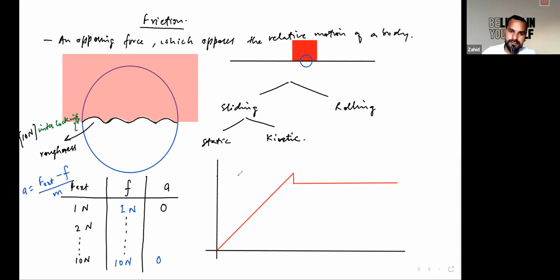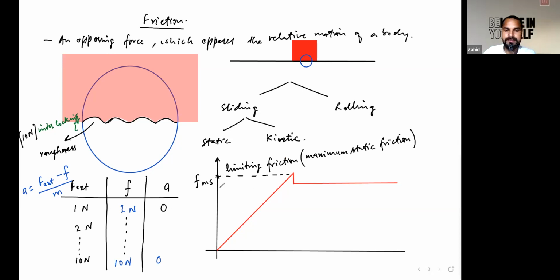So this particular term, maximum value of friction, is termed as limiting friction, or you will say maximum static friction. So this is termed as F maximum static.